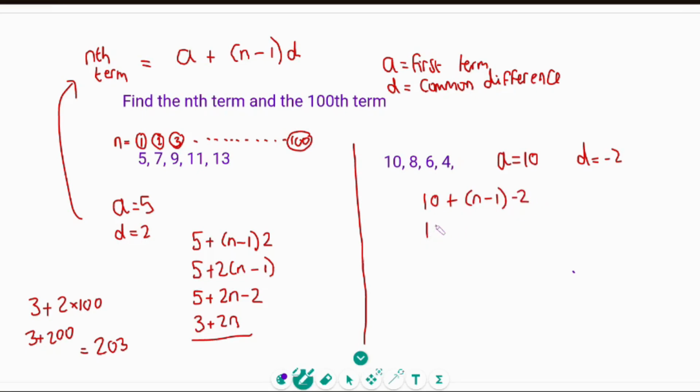And again, I'm just going to put my number here. Don't really need that plus, do we? Because a plus and a minus is a minus. Expand your brackets. Minus 2 times n is minus 2n. Minus 2 times minus 1 is positive 2. 10 plus 2 is 12, so 12 minus 2n.